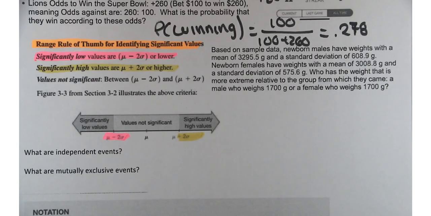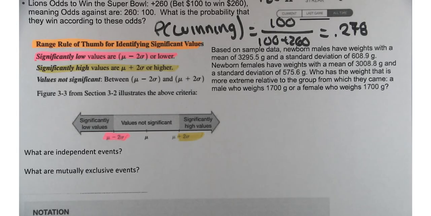Based on sample data, newborn males have weights with a mean of 3295.5 grams and a standard deviation of 608.9. Newborn females have weights with a mean of 3008.8 grams and a standard deviation of 575.6 grams.